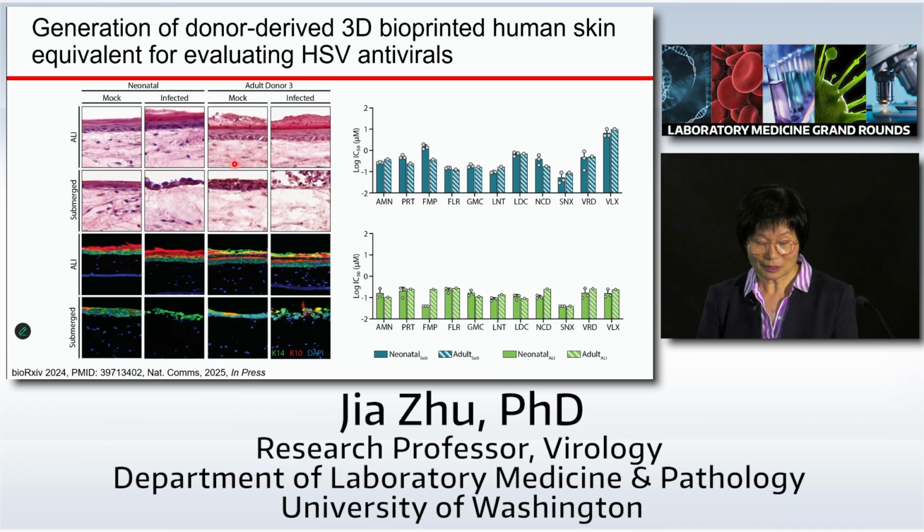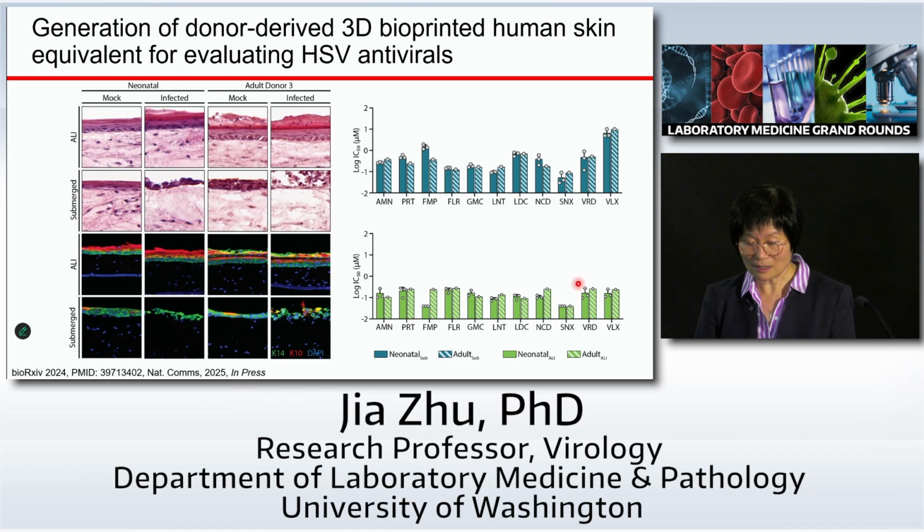The donor-derived keratinocytes successfully develop into stratified epidermis in this adult ALI model, and they have CK10 and CK14 expression, and all these 11 candidates show similar potency in HSV antiviral activity.